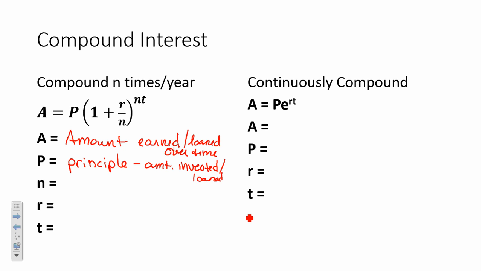n is the number of times the interest is calculated in a year. Do they do it monthly? Do they do it quarterly? Do they pay you interest yearly?